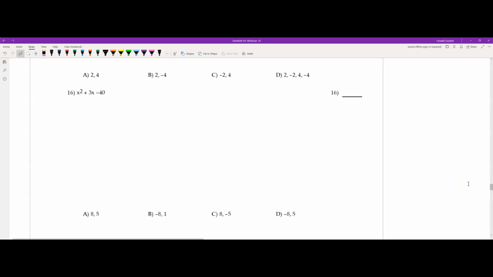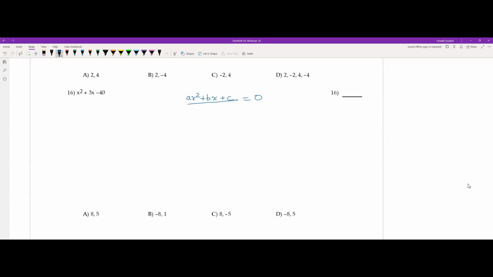All right. So to solve a polynomial equation by factoring, you always have to have your standard form in the following manner. It has to be ax squared plus bx plus c equal to 0. Right? Your polynomial should always be equal to 0 in order to solve.